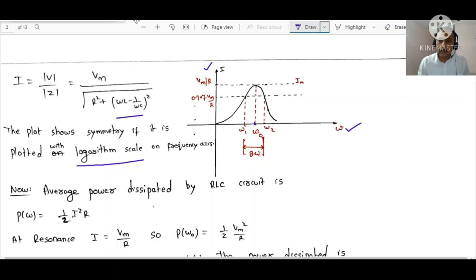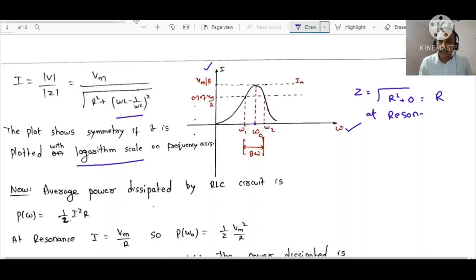Why? Because there the impedance is simply equal to root R square, because the imaginary part of the impedance is made 0 at resonance. So the impedance is root over R square, simply R, Z equals R. Very, very important. At what point? Only exactly at resonance condition.